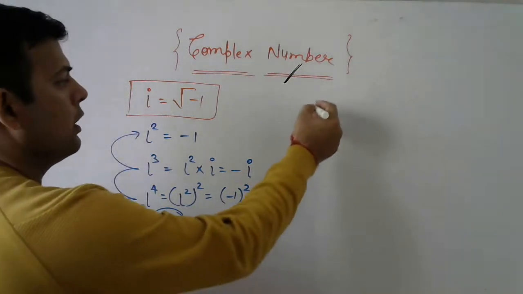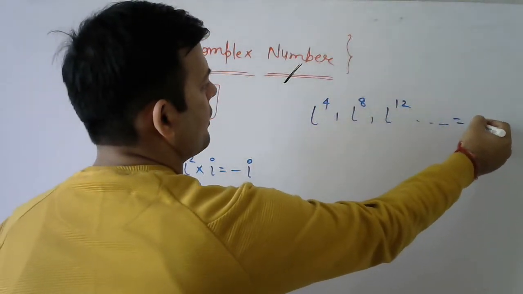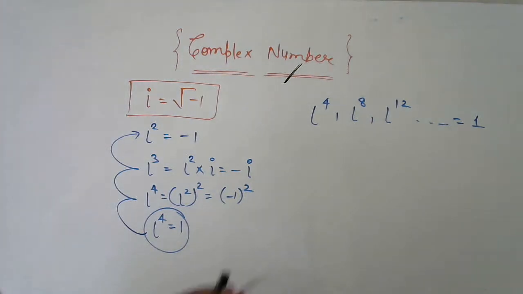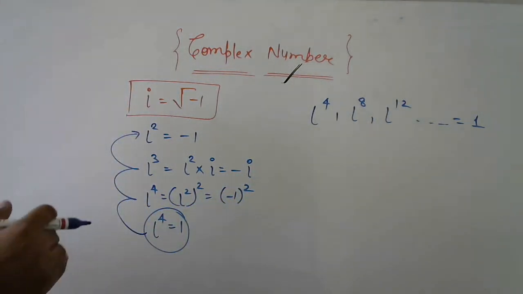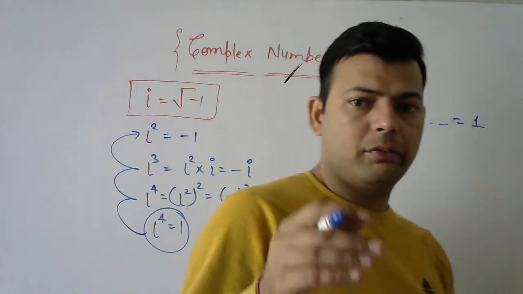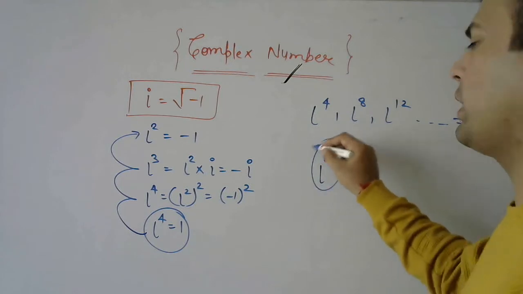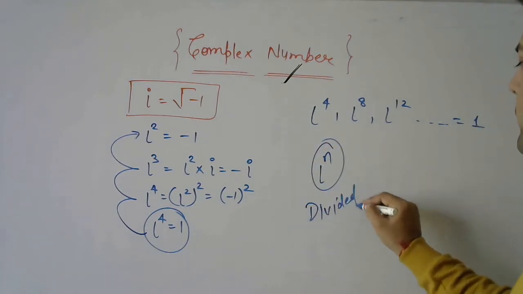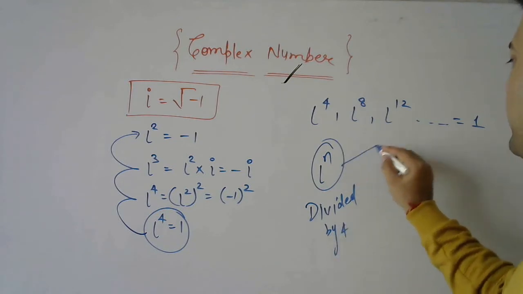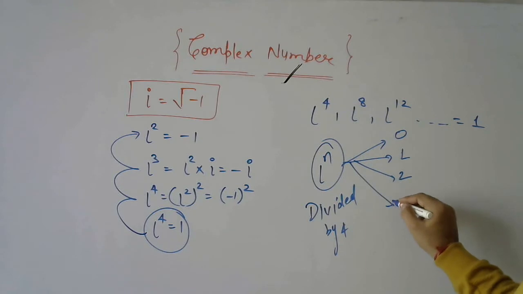So I say iota 4, iota 8, iota 12 and so on all give value 1, because all these are factors of 4. If I divide a number by 4, what remainder can I get? If iota power n is divided by 4, the remainder can be 0, 1, 2, 3.